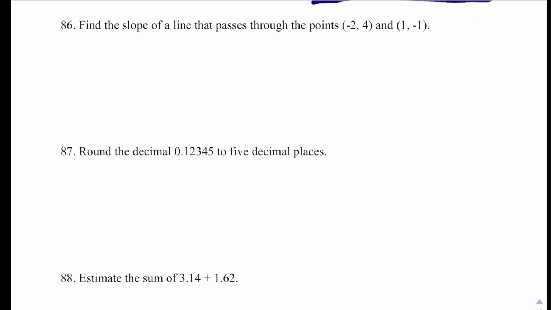86. Find the slope of a line that passes through the points -2 and 4 and 1 and -1. So this is x1, y1, x2, y2. Our equation is slope equals y2 minus y1 divided by x2 minus x1. So we're just going to plug it in.